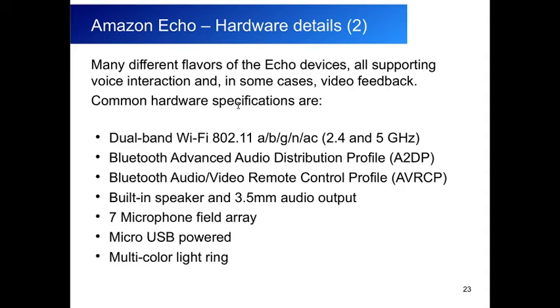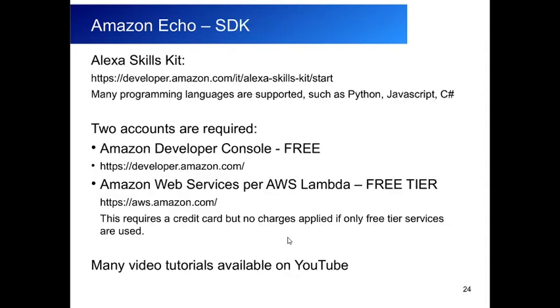There's a built-in speaker for broadcasting sound, and it has a 7-microphone array, which is very powerful and can retrieve sounds from all around the device. It has a very nice multicolor light ring that gives you a lot of information about its behavior.